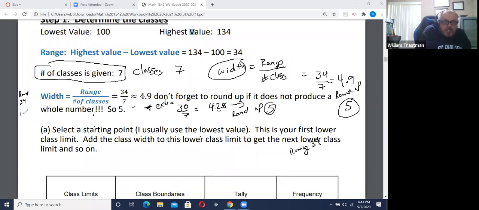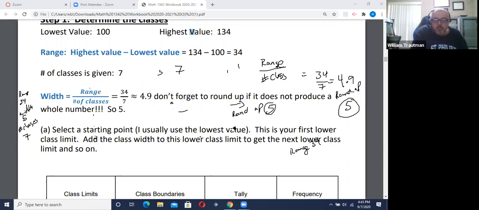Our width is 5 because we rounded it up. Number of classes is 7. Okay, so I just put that there on the side. Watch me end up erasing it all by accident. All right, so now that we have all that.